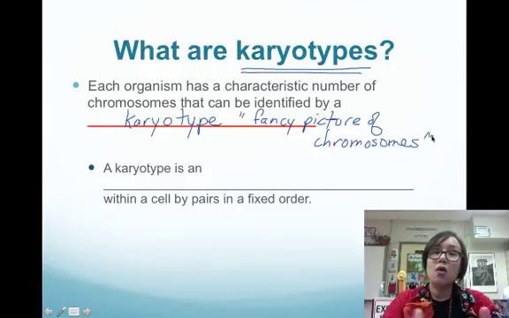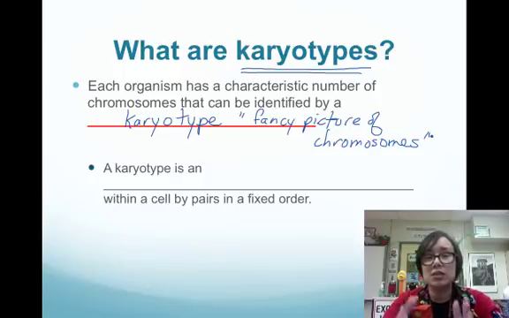If you recall from earlier in our video, we told you that the magic number for humans is 46. So if you were to look at a genetically normal human being's karyotype, you would expect to see 46 chromosomes in that picture.